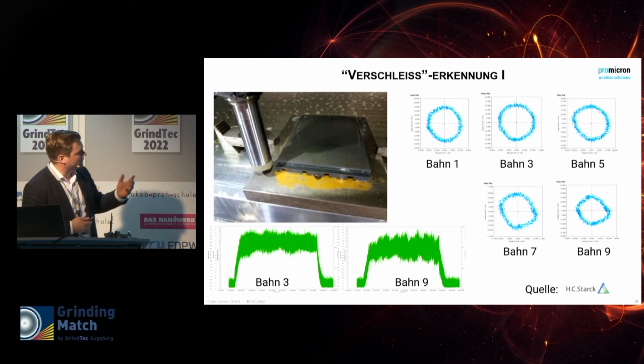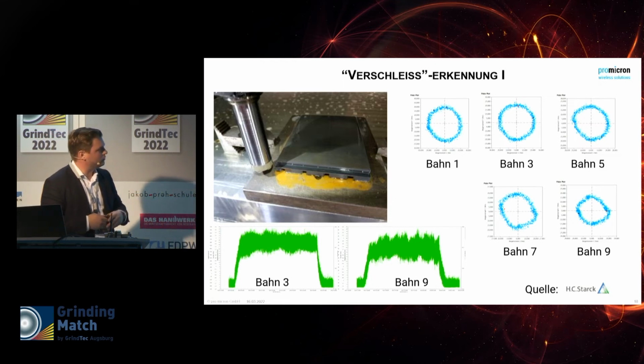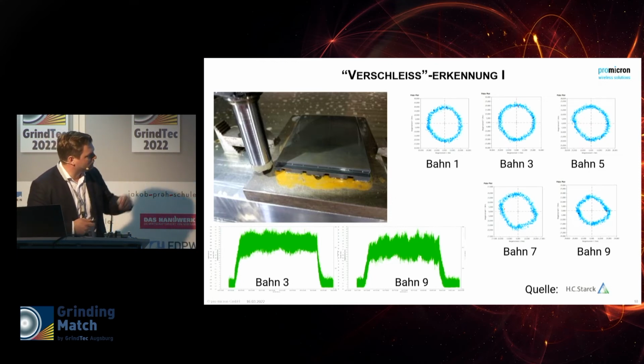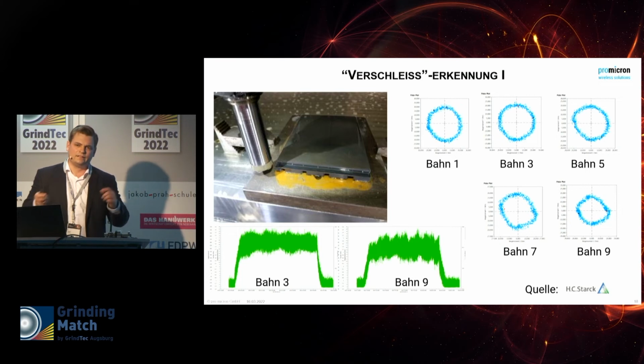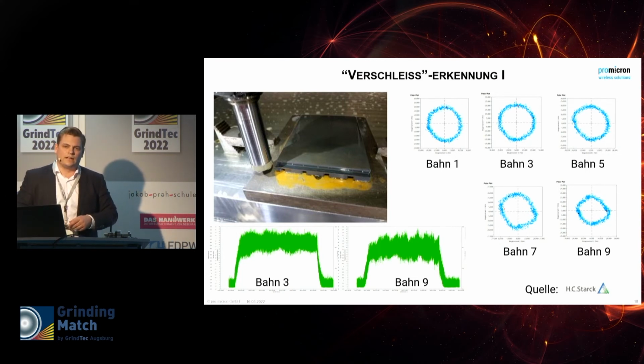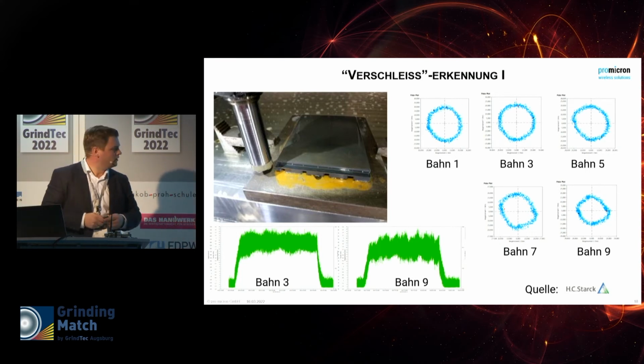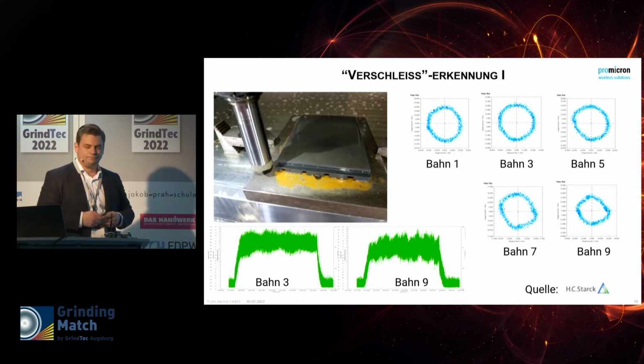So this is what we took as an example, and I asked him when would he do the roughening? Track 5, that looks quite well, but track 7, he had a look at it and the measuring data as well, and that would have been the moment for direct reaction on the machine.